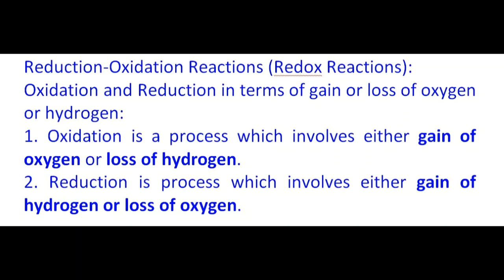Reduction, oxidation reaction, redox reactions, in terms of gain or loss of either oxygen or hydrogen. Oxidation is a process which involves either gain of oxygen or loss of hydrogen. Reduction is completely vice versa. It's a process which involves either gain of hydrogen or loss of oxygen.